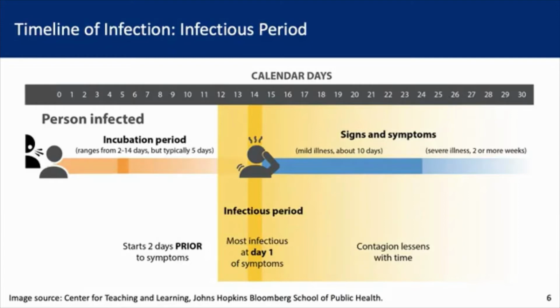And then in yellow, you can see again the time period that this person is infectious. And that means the time period when they can infect other people. This timeline shows that people can infect others up to 2 days before they themselves feel ill, particularly on the day of illness and throughout their illness period.